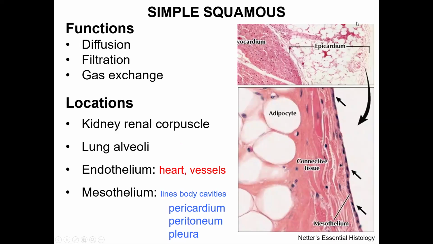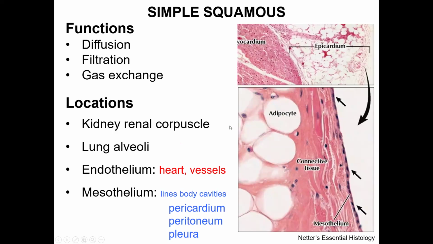The epicardium is the outermost layer of the heart, and that is lined by an epithelium that is simple squamous. You see that the nuclei are elongated, and the cells really have almost no height.